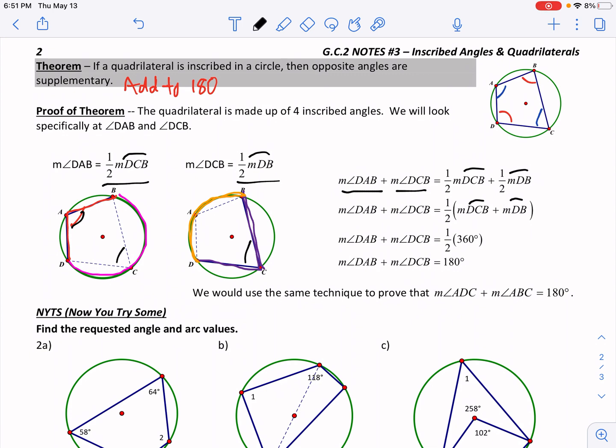So all we're doing is we know that if I add DAB and DCB here, that's equivalent to adding half of their intercepted arcs. Okay, we're just substituting those values in.